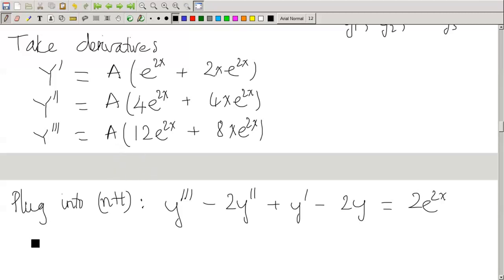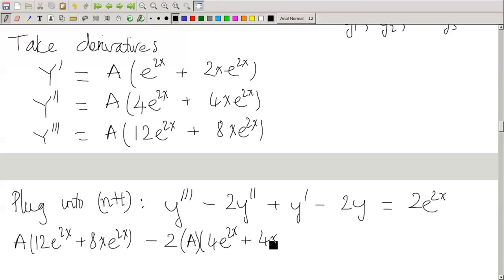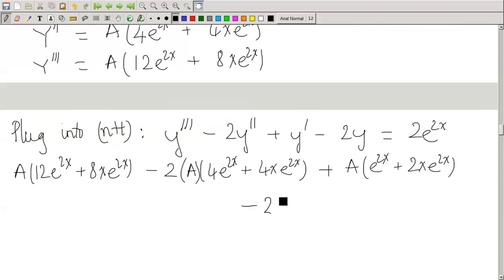So the third derivative is above, which is 12e to the 2x plus 8x e to the 2x, minus 2 times the second derivative, which is 4e to the 2x plus 4x e to the 2x, plus the first derivative, which is a e to the 2x plus 2x e to the 2x, and lastly minus twice the function, which is a x e to the 2x. On the right hand side, we have 2e to the 2x.